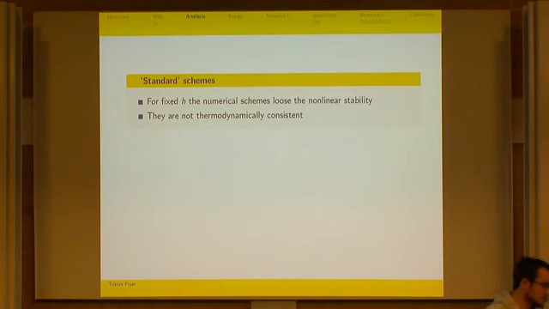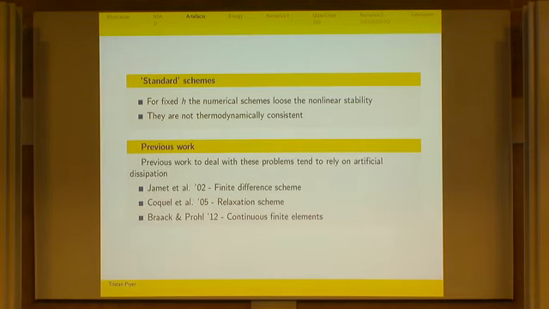So how do people deal with this? Well, people have done some work on this problem, and very roughly what they do is they add in tons and tons of artificial viscosity, which doesn't exist itself in the model. It's numerical.